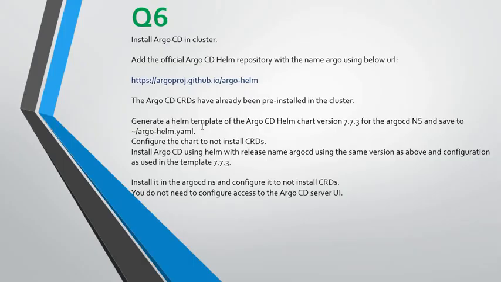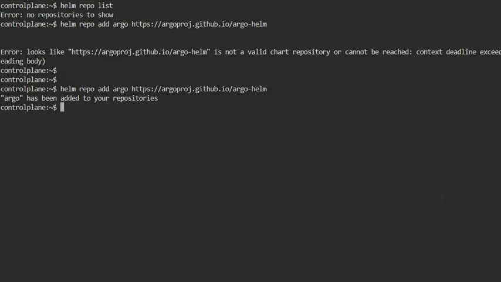Now the next part is to generate a Helm template of the Argo CD Helm chart version 7.7.3. First check helm repo ls. Now you can see that the repo is added.